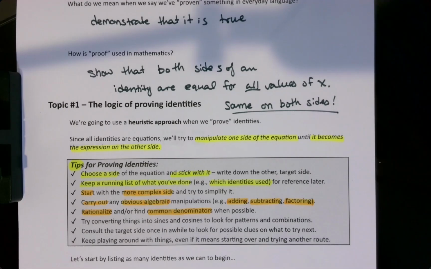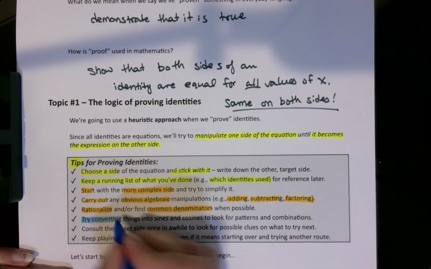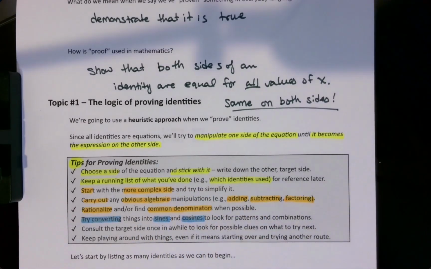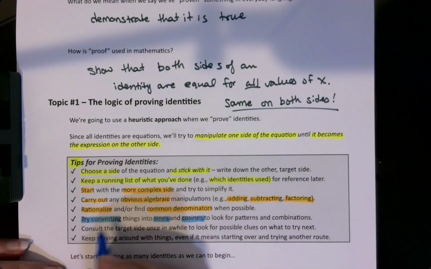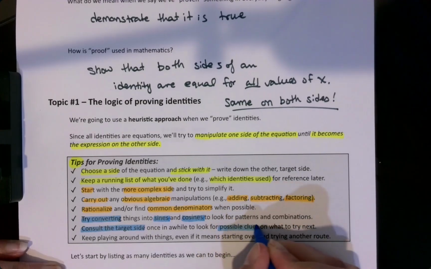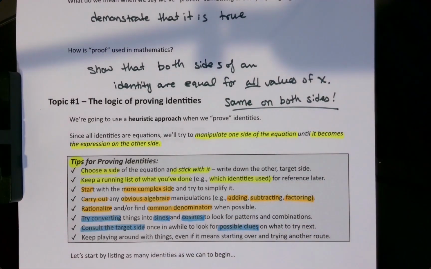If there aren't any algebraic steps to do, you might try converting things into just sines and cosines. So moving away from tangent, cotangent, secant, cosecant. You also might need to consult the target side to look for possible clues on what to do next.